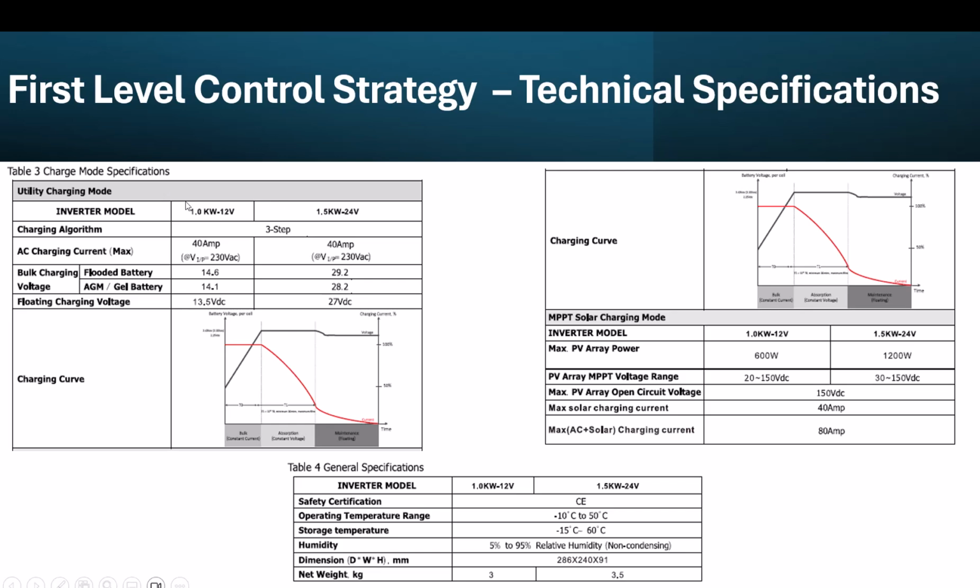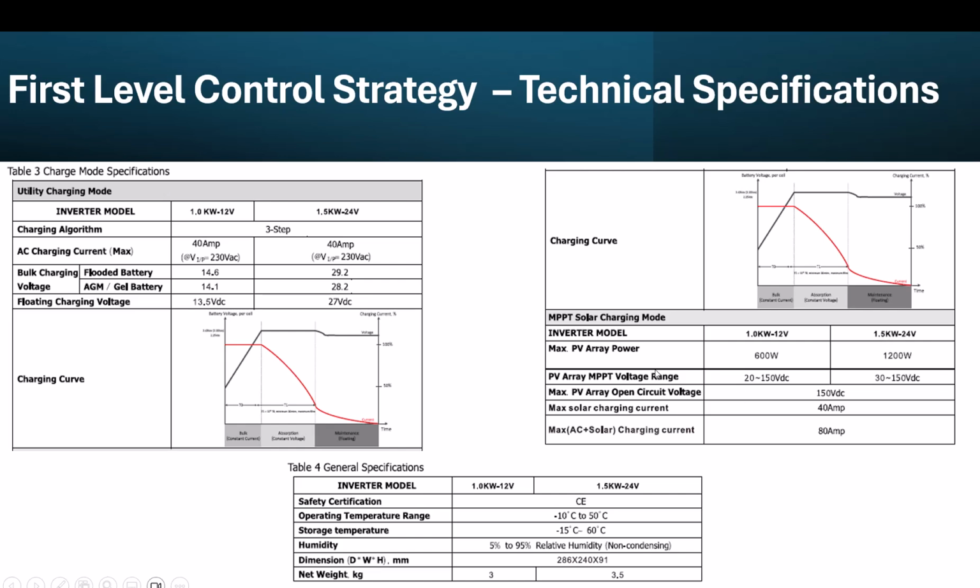If we look at the charge mode specification, what is also important is to look at your inbuilt charger. If we look at the 1 kilowatt inverter, the maximum PV array power that you can connect is 600 watts, and it's 1,200 watts for a 1.5 kilowatt inverter.